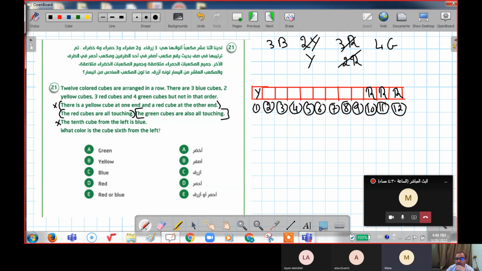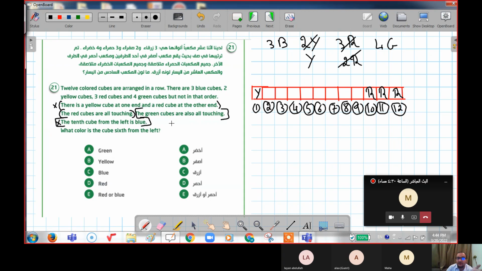But teacher, why did you flip them? Why did you switch the red and the yellow? Yeah, because of the last expression, Maha, we must have the 10th cube from the left be blue. Okay, here if I count 1, 2, 3, 4, 5 up to 10, the 10th cube here is red.